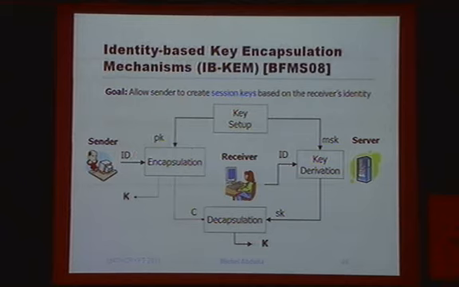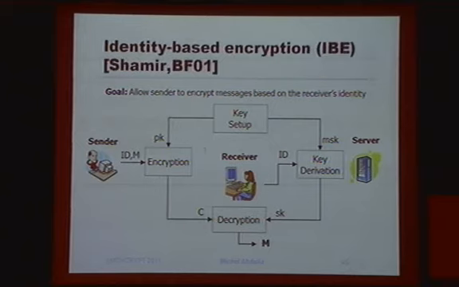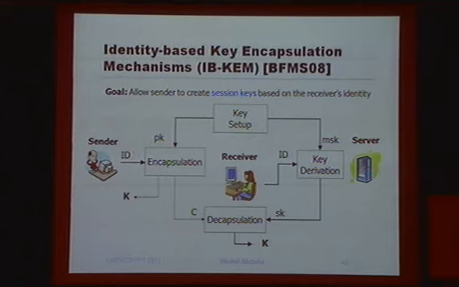But for our transformation, it's easier to talk not about IBE schemes but about KEMs, or key encapsulation mechanisms. The difference between an IBE and a KEM is almost none, just a couple of names changed. But one of the main ideas is that instead of receiving a message, given the identity and the public key, the encapsulation mechanism will generate a ciphertext together with a key.